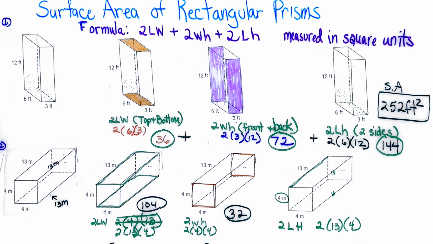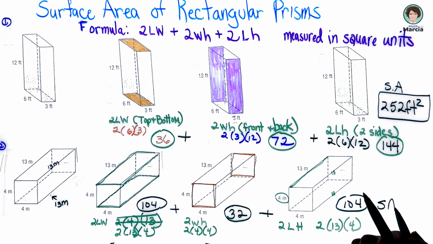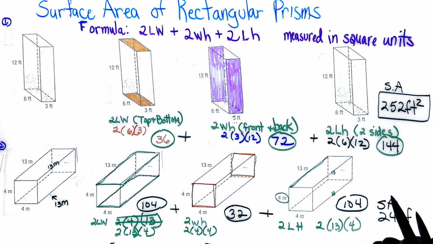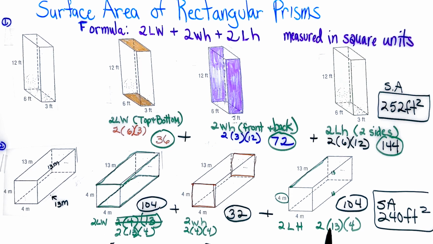And 2 times 13 is 26. Times 4, we end up with 104. And we are going to add these 3 numbers together that I have circled, and our total surface area for question number 2 is going to be 240 feet squared. Right here is our surface area for the second one.